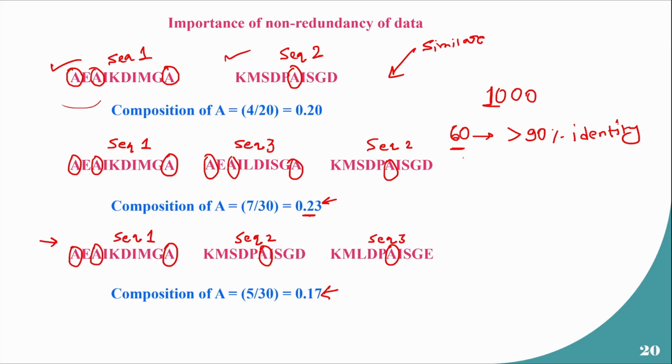Basically, the same thing, if you imagine in a more simple sense, if you are using the same sequence 10 times in a set of 30 sequences, of course, that will differently estimate the calculation or the composition of the amino acids, right?